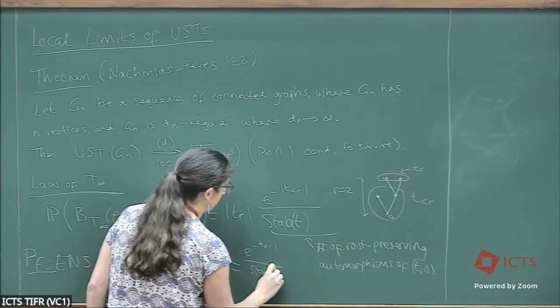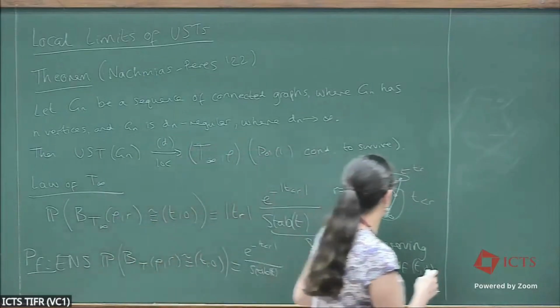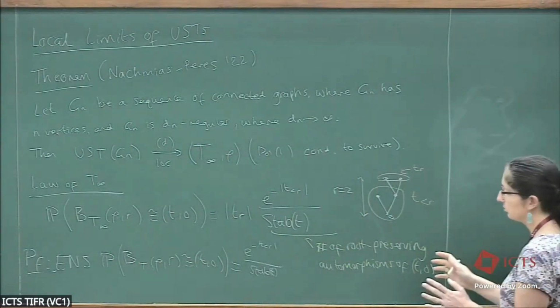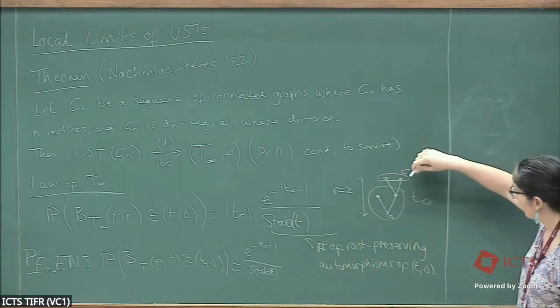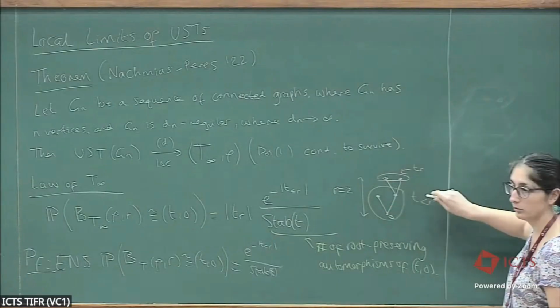Okay, so what's the point? A Poisson tree is inherently planar, which means that for each individual, its offspring are ordered from left to right.